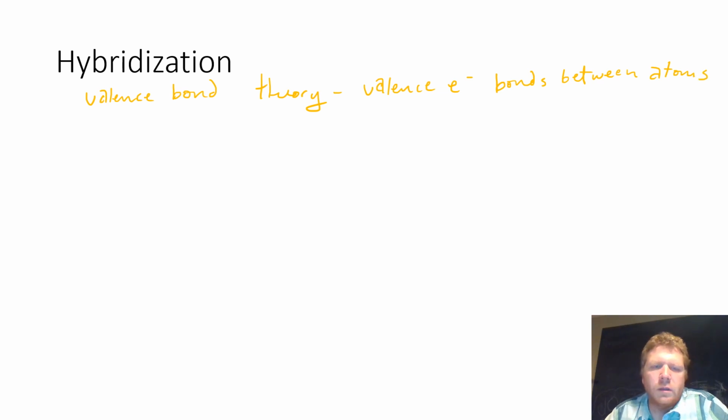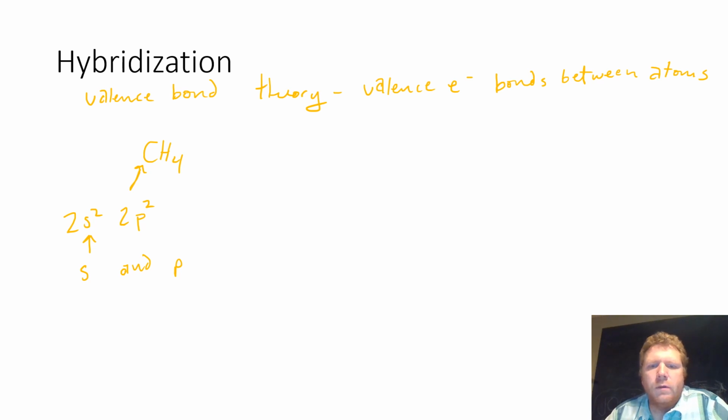So if we take something like CH4, it's the valence electrons of carbon that are making those bonds take place. If we think about the valence electrons of carbon, we've got 2s2, 2p2. So we've got s electrons and p electrons that are establishing those bonds.